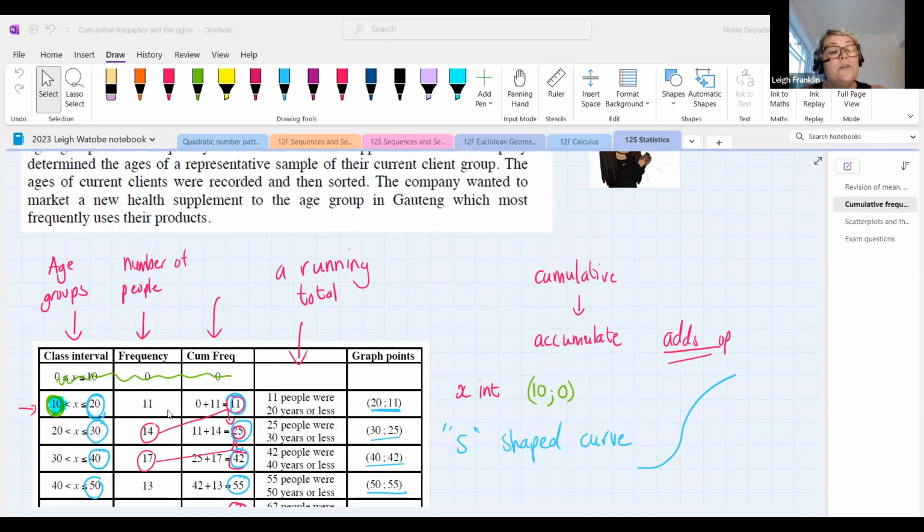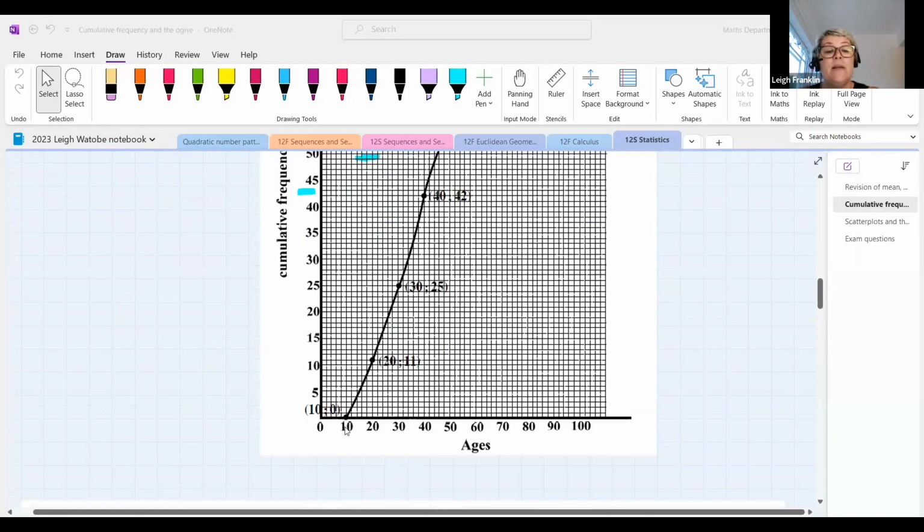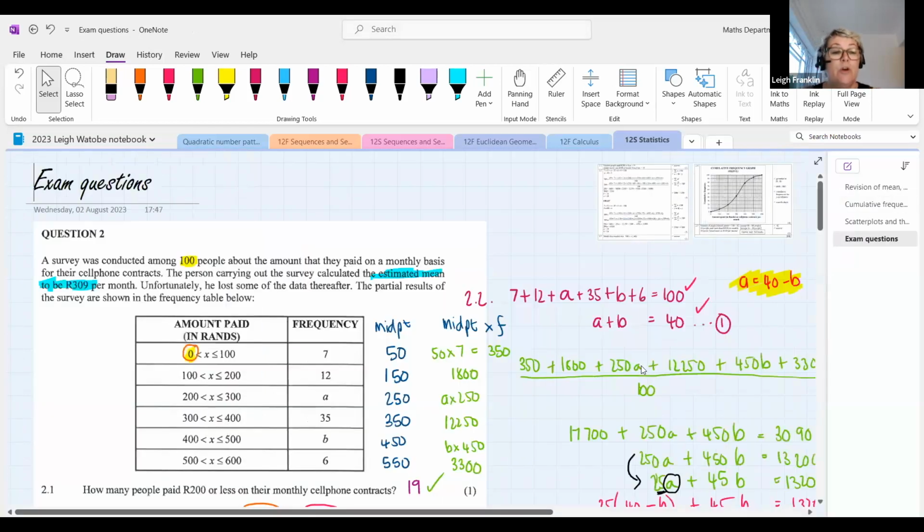Your smallest class interval was between 10 and 20. So that's why our x-intercept was at 10 and 0. So if we have a look at our first point, there it is. It's not at the origin. It's at 10 and 0. Okay, so very important, you are always going to get a mark for your x-intercept. So that has to be in the correct place.